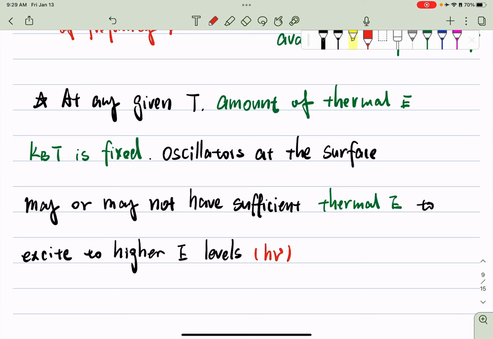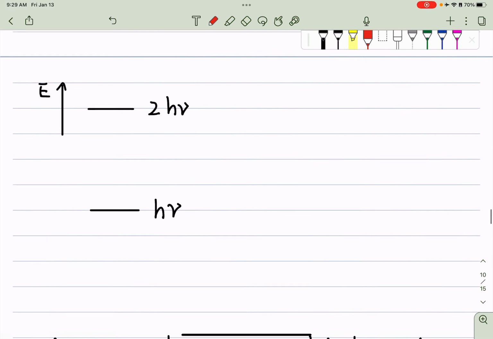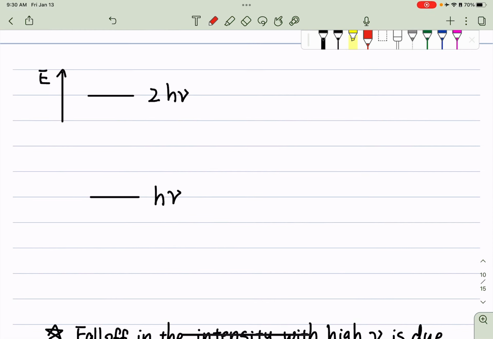Now let's look at a graphical representation, and I hope it helps you understand it a little more. Imagine on the surface here, for a certain frequency mu, we're trying to excite this oscillator from a lower energy state, say h mu, to 2h mu.